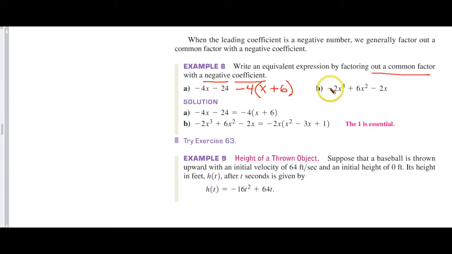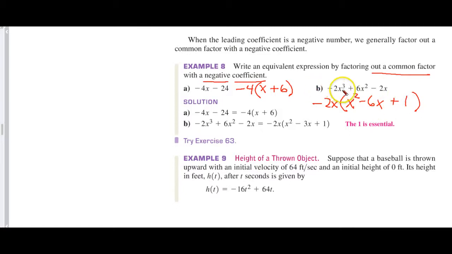Now for B, we have a negative 2, a 6, a 2, and we have an x. So we're going to take out a negative 2x from each of these terms. And a strategy would be to do something like this. Put your parenthesis there. So what's left here? Well, a positive x squared, a negative 6x, and here we're going to have a positive 1.